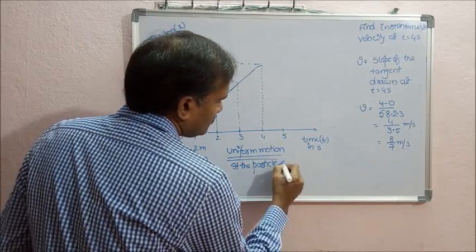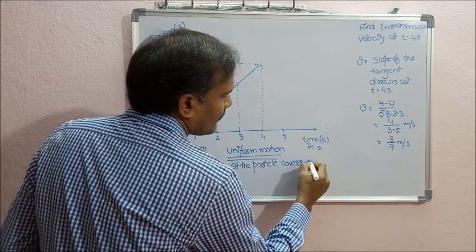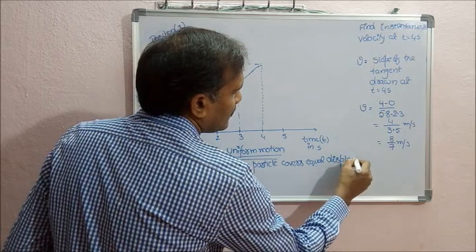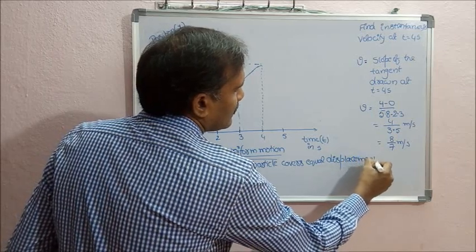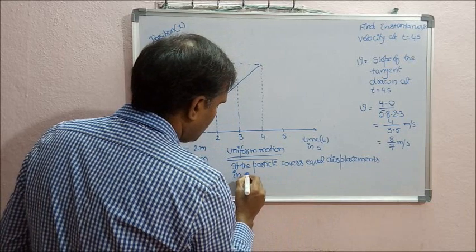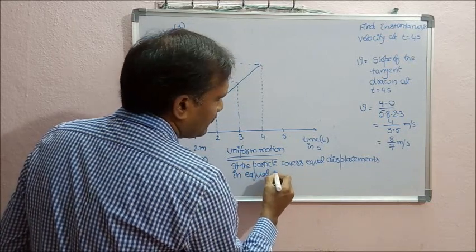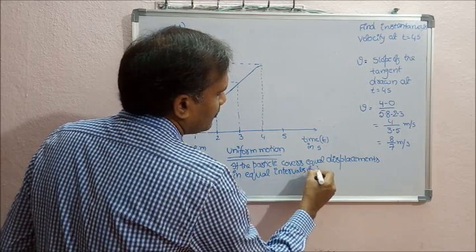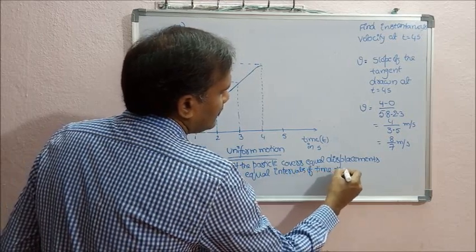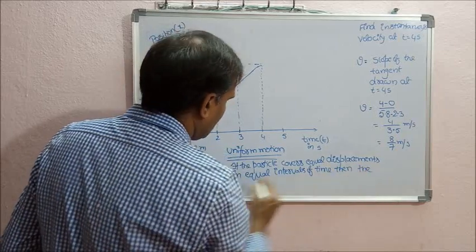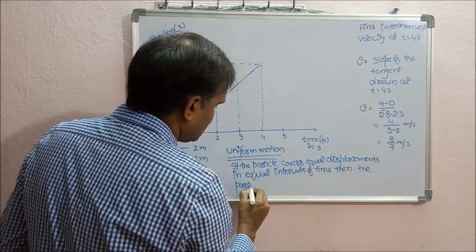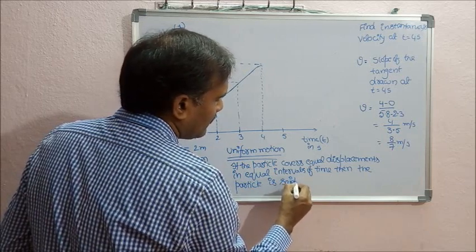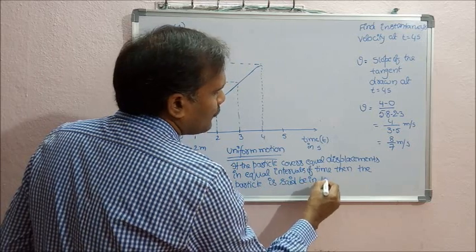If the particle covers equal displacements in equal intervals of time, then the particle is said to be in uniform motion.